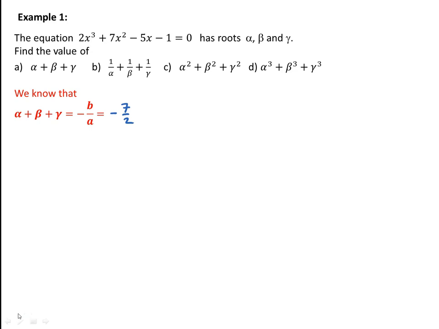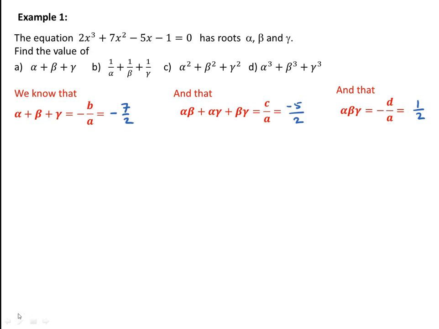The second result is that alpha beta plus alpha gamma plus beta gamma must equal c upon a, which in this case is minus 5 over 2. And we've got alpha times beta times gamma must equal minus d upon a, which in this case is minus minus 1 over 2, so that gives me a half.